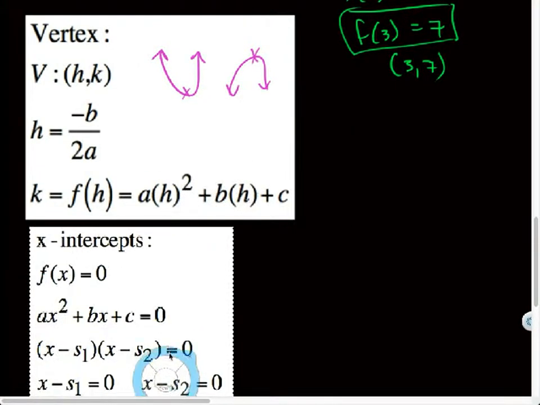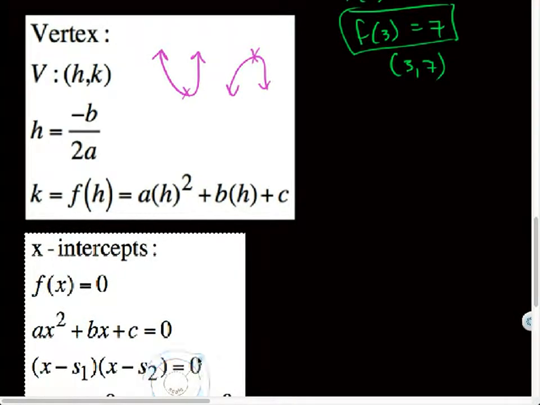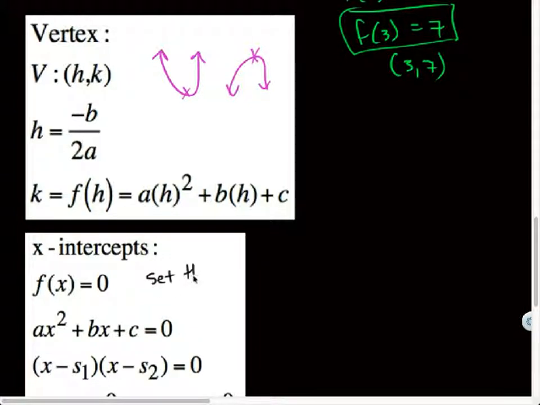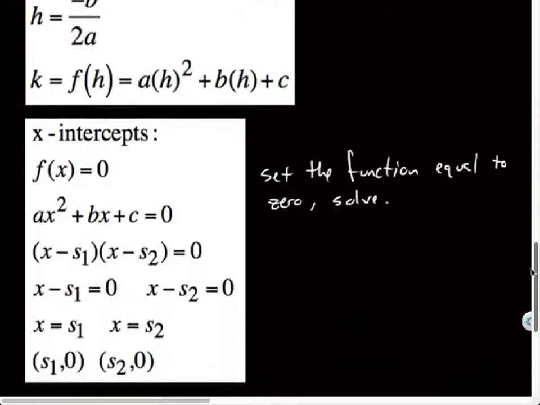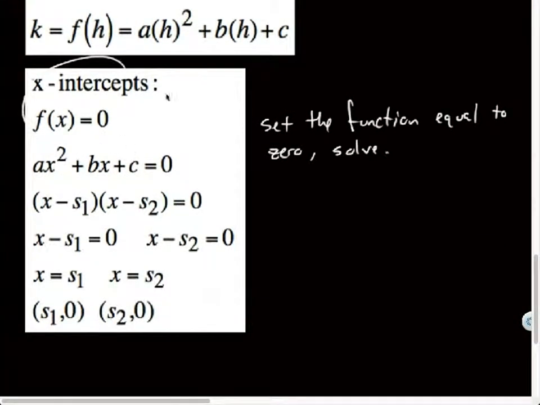I'm not going to have you write down this whole thing, but the general idea is that to find the x-intercept, you set the function equal to 0 and then solve. So you could just write down the top two lines here: for the x-intercept, you take f of x and set it equal to 0.